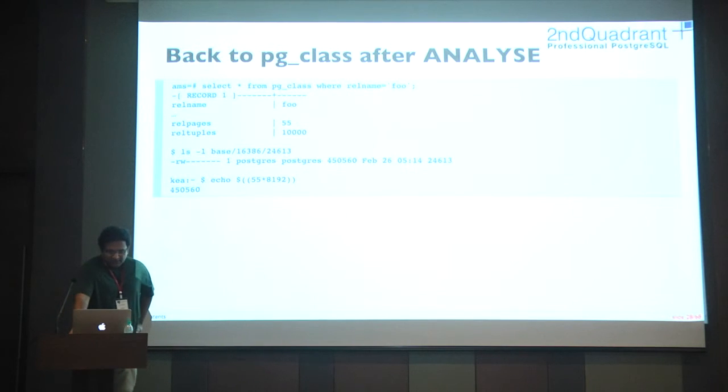So here we have that file, which is 450560 bytes long, which is 55 pages exactly. So the file will only ever grow or shrink in 8 KB chunks because the file has no existence except as an array of pages.